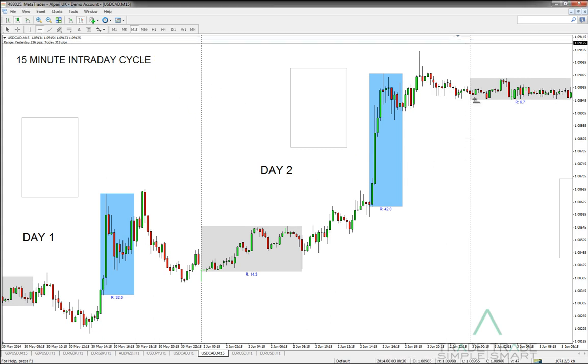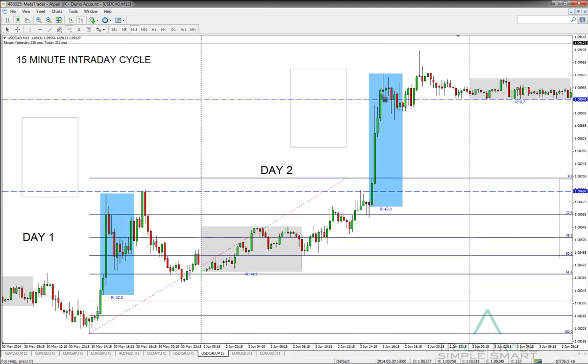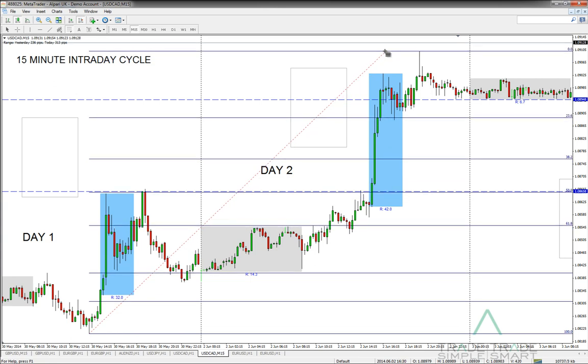So the first will be the most obvious, which is the low of the current day's Japanese session, and then we're going to look for other levels of support and resistance, and we can see we have a level of resistance at this point, and then we're going to add Fibonacci ratios to reinforce these levels.